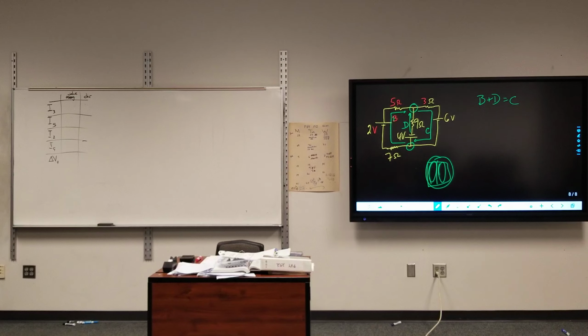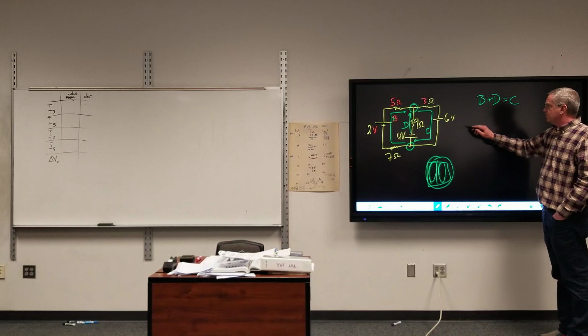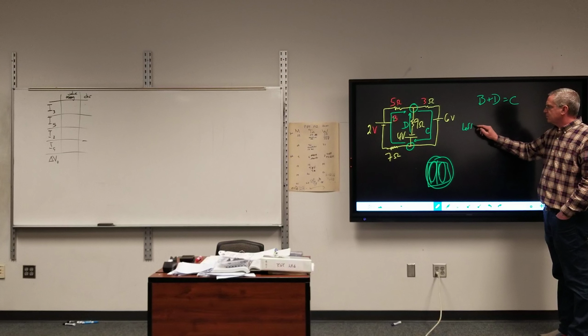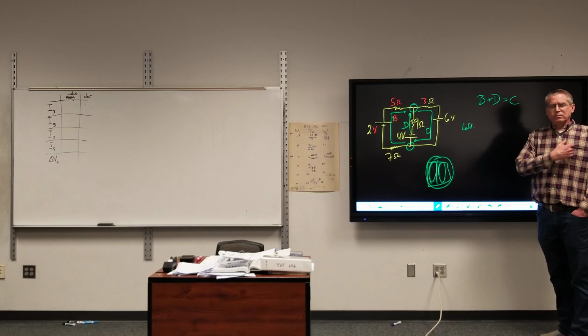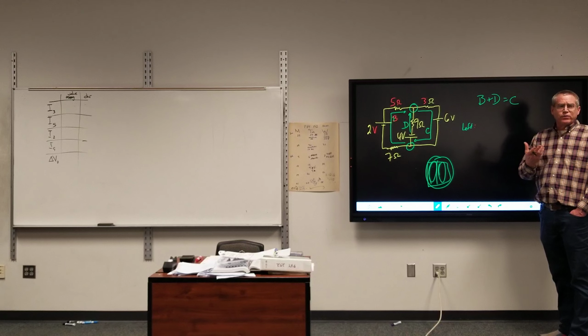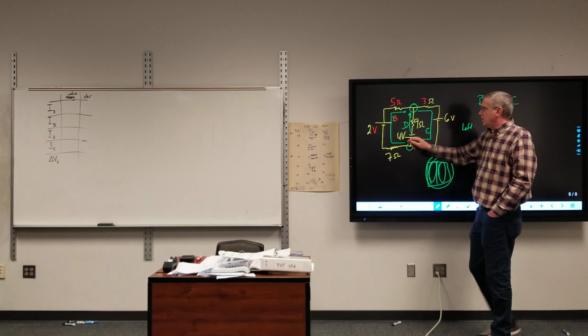If I do 2 of them, I can derive the third, so I only need 2 of the loops. And it doesn't matter which 2 you pick. You could get into some really funky shapes if you want to do a figure 8, that's fine, but waste of time. I'm going to take the left loop. Now, again, childhood scars, I like the first number in my equation to be positive. So I'm going to start here.